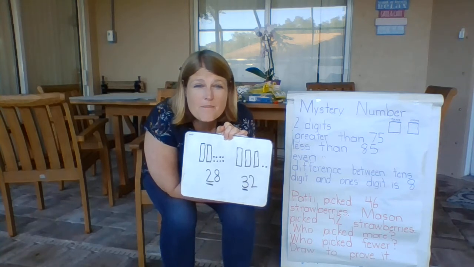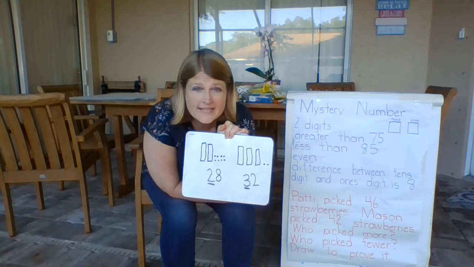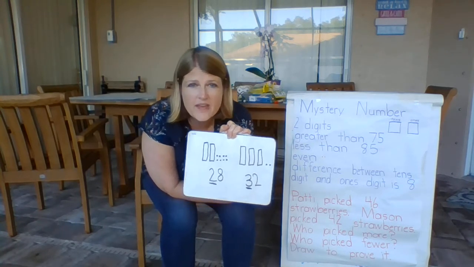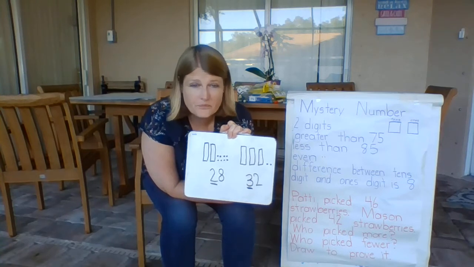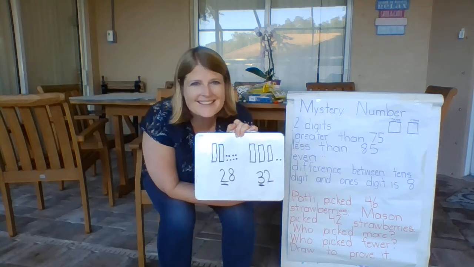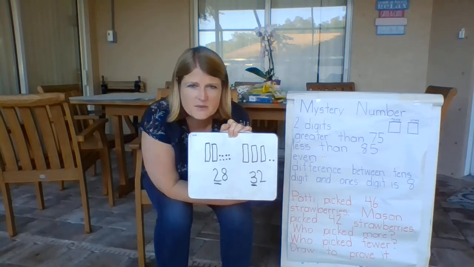Now, I'm going to remind you of our greater than, less than, and equal to signs that we were working with for the first half of the year. We did it with our ones digits. We did it with numbers, with our teen numbers, all the way up. And you guys loved playing the alligator game with the alligator mouth eating the side that's bigger.